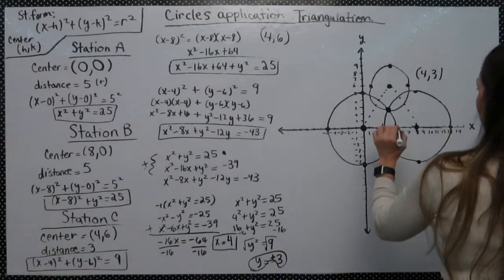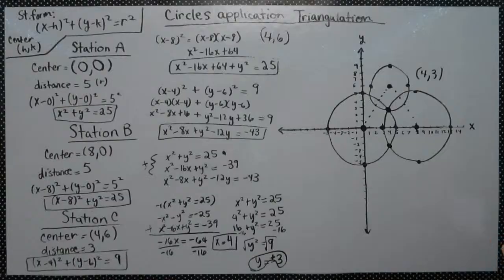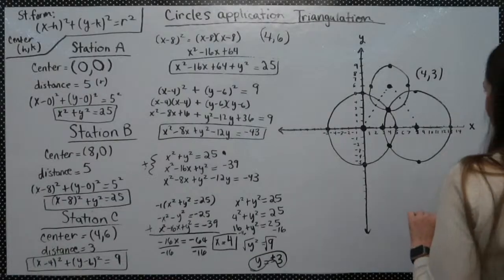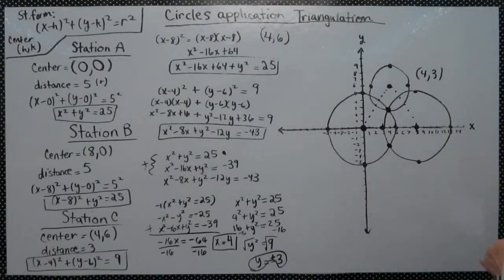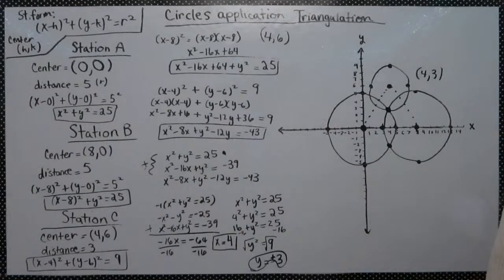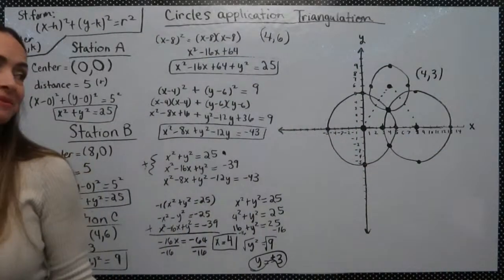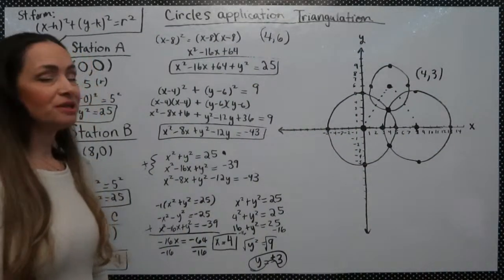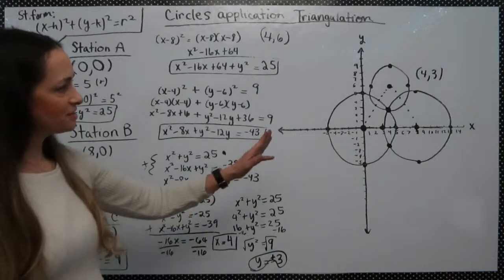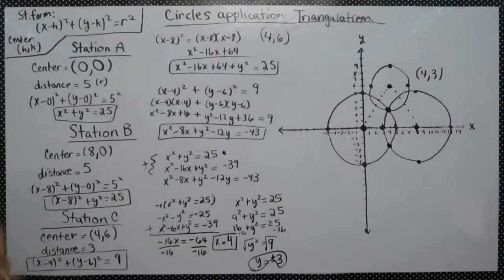And then that point in the center happens to be the center of your triangle. It's pretty fascinating. So that's why it's called triangulation. Although it wasn't exactly a triangle problem, that's how this problem gets its name. It's involving circles, and it's pretty neat how you can get the centers to be the vertices of your triangles.